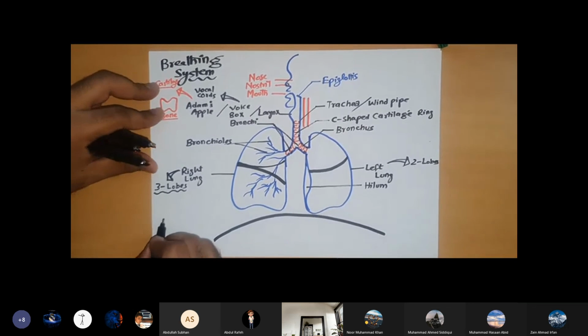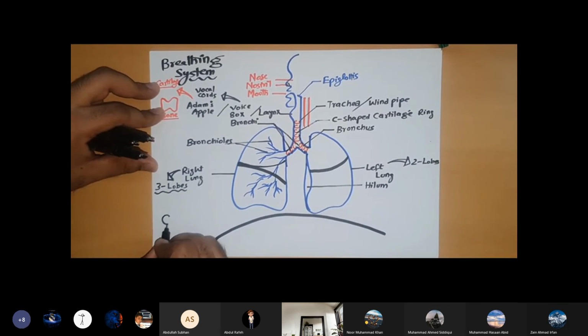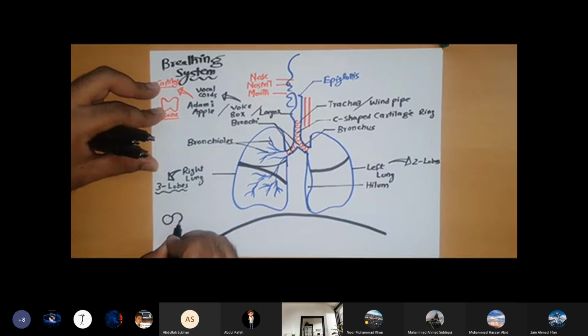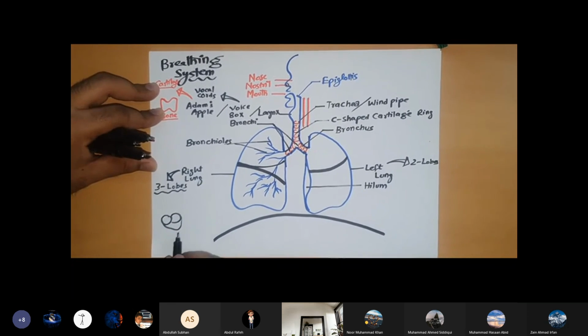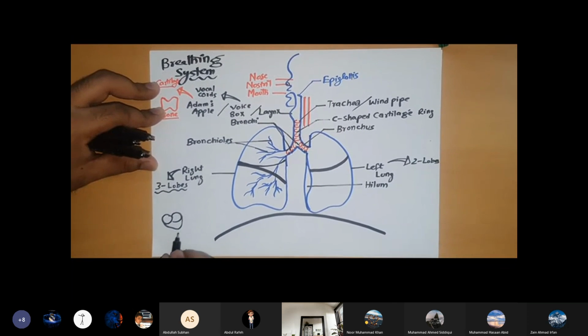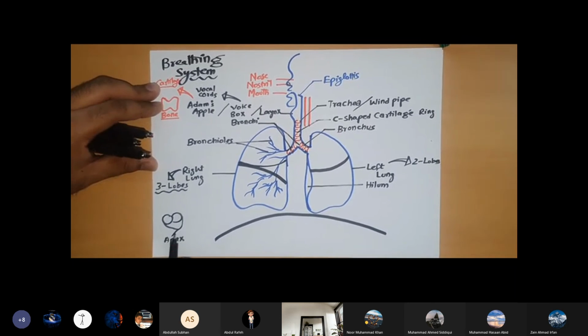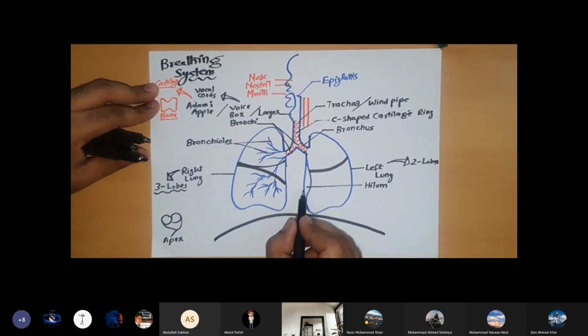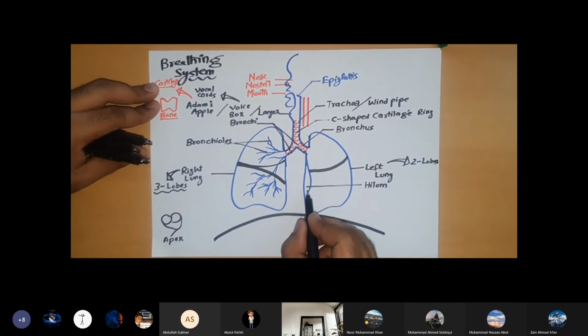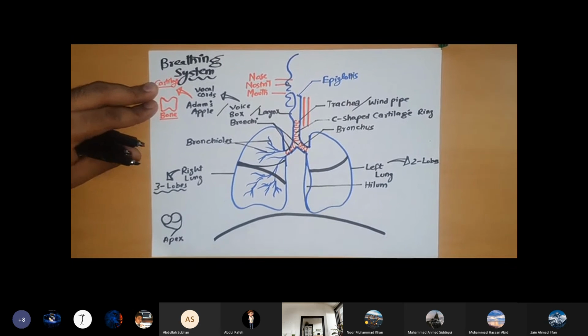On this corner, I'm going to draw a small heart over here. This portion of the heart is called the apex of the heart. To give space to the apex, there is a groove or depression in the left lung.